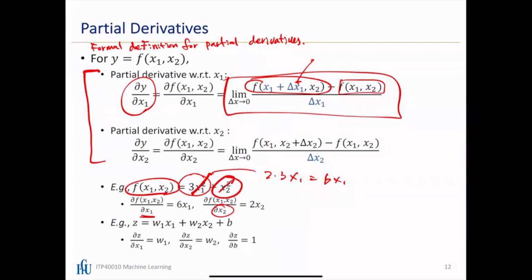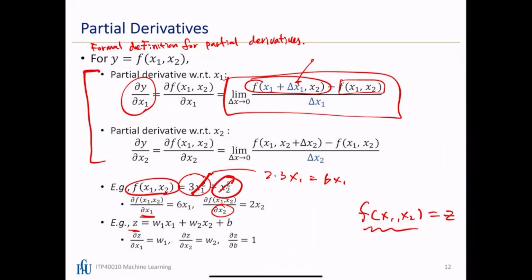Notation-wise, we often rewrite some function using some other simpler variable. So we're replacing f of blah blah blah with some other simpler variable like z. It's quite common in machine learning as well. So you will see this kind of notation a lot. So z is defined as w1x1 plus w2x2 plus b.